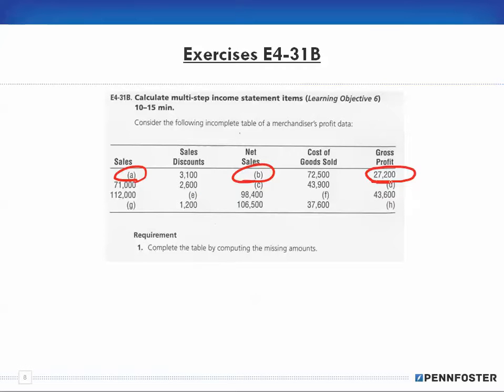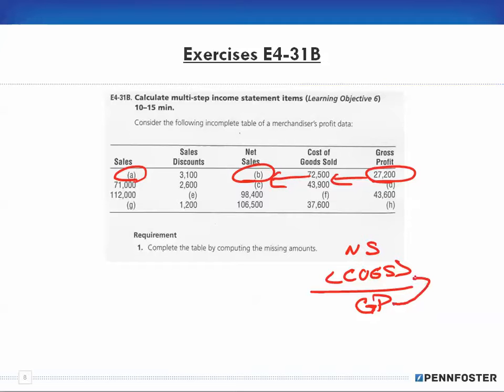We have our gross profit, and then we add in our cost of goods sold in order to get our net sales. Because remember, net sales less cost of goods sold gives us a gross profit. Well, if I have my gross profit and I'm subtracting out my cost of goods sold, that means I have to add it back in order to get my net sales. I'm going backwards.